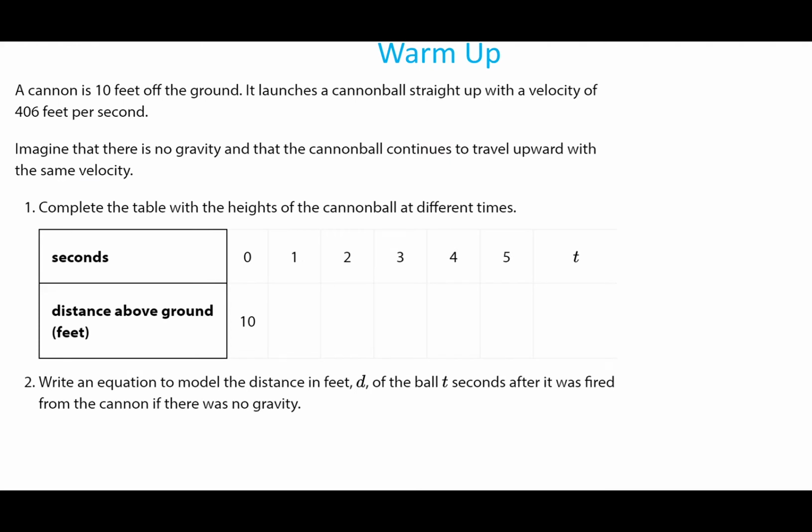We've got a warm-up where we have a cannon 10 feet off the ground. It launches a cannonball straight up with a velocity of 406 feet per second. Imagine that there's no gravity and that the cannonball continues to travel upward with the same velocity. Complete the table with the heights of the cannonball at different times.